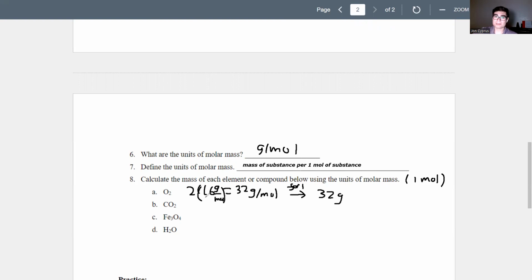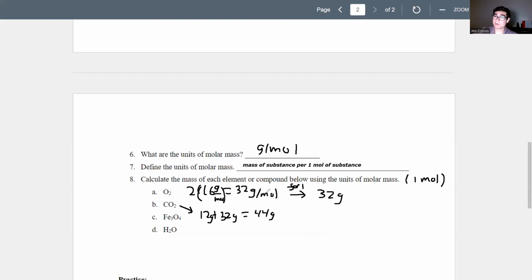So for CO2, you can figure out the grams per mole. Carbon is 12. We just did O2, that is 32. And we end up getting 44 grams for 1 mole of CO2. Remember, I'm doing this for 1 mole.